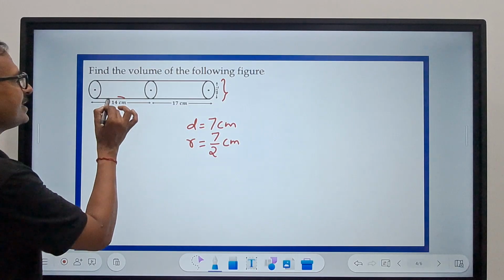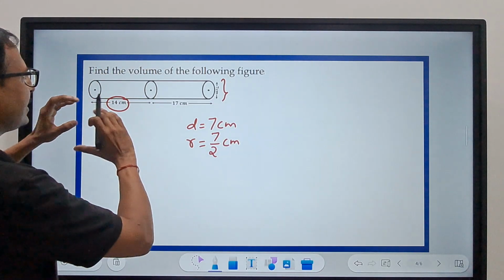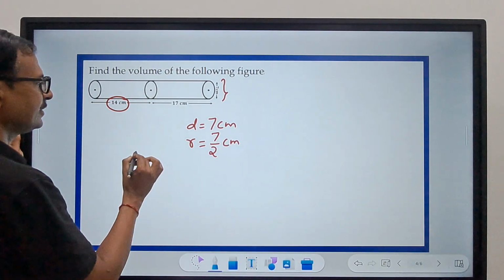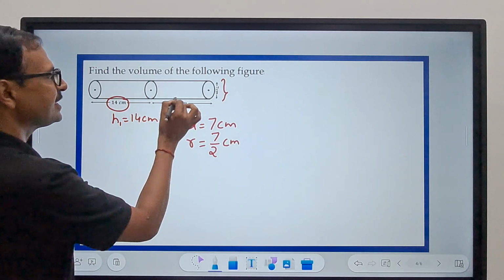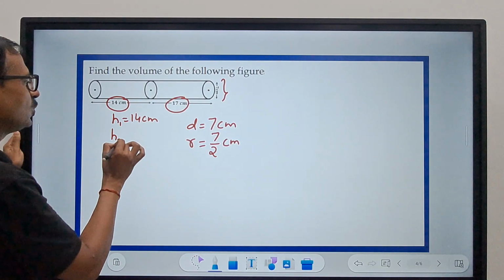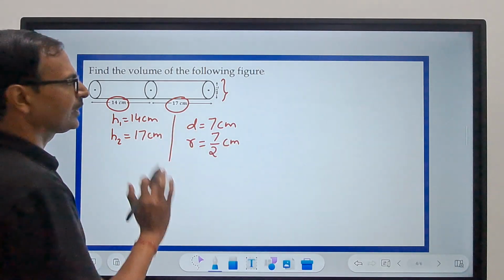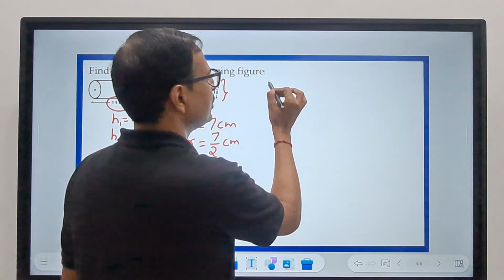Now this is actually the cylinder which was vertical is now horizontal, right? So this is the height h1, which is 14, and this is the height of the other cylinder h2, which is 17. And now using this data, let's find the volume of this figure.